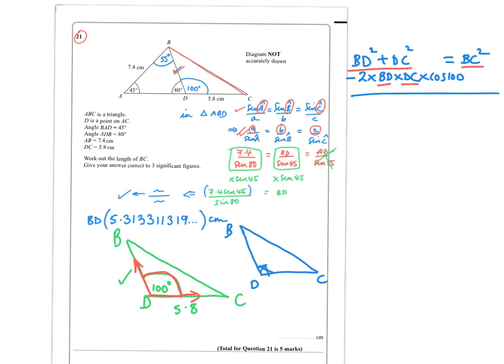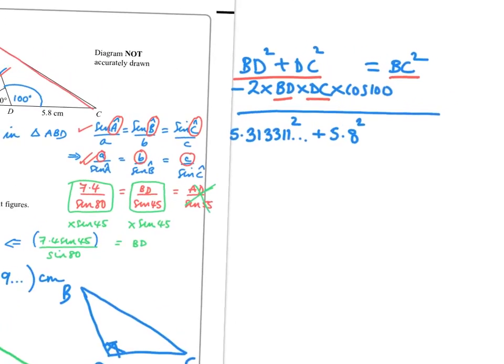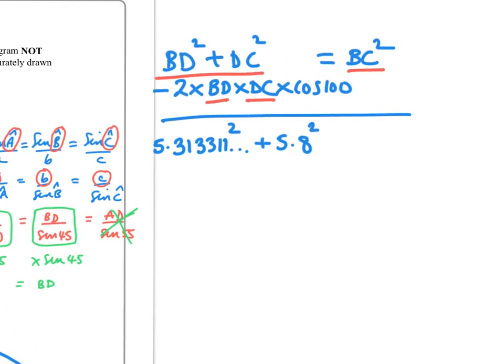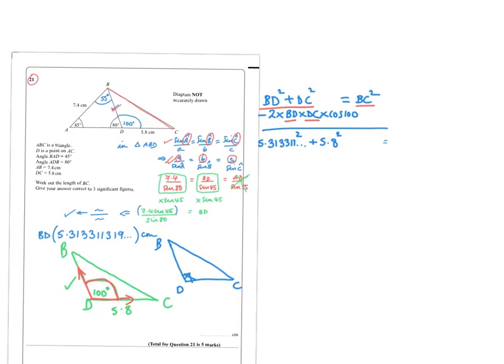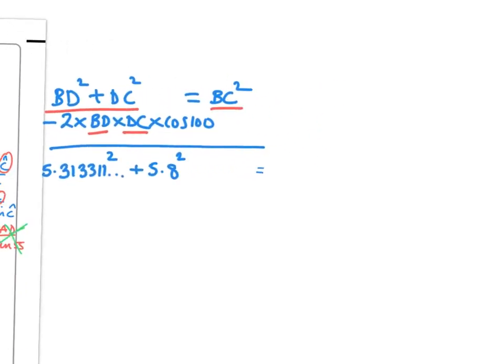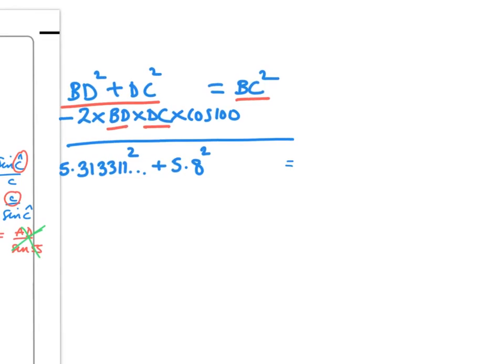So let's put the information in now, and I'll try and do it like I would be doing this. So I would say, pretend it's a right angle, so I would have BD squared, which is 5.3133, I'm not going to write it all out, squared, plus 5.8 squared, and that would be equal to the other length squared, which in this case was BC squared, which is the actual length I want to find.